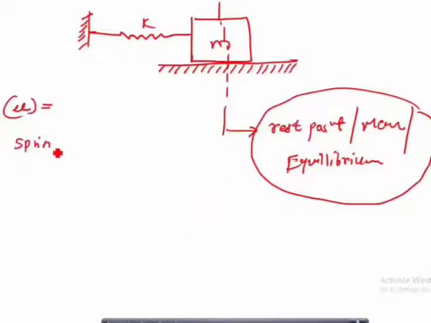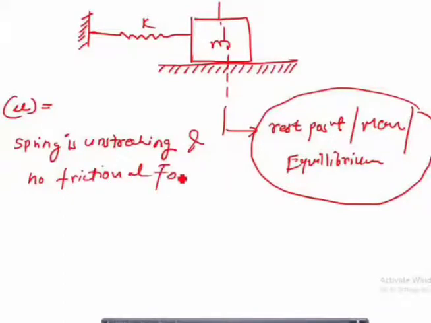Spring is unstretched, meaning there is no stretching in the spring, neither compression, because I haven't given any initial displacement. The system is not a dynamic system. The system is just at an equilibrium position. So the spring is unstretched and no frictional force is acting on the system. This is what you have to understand.